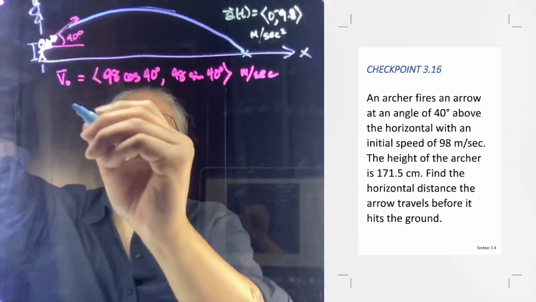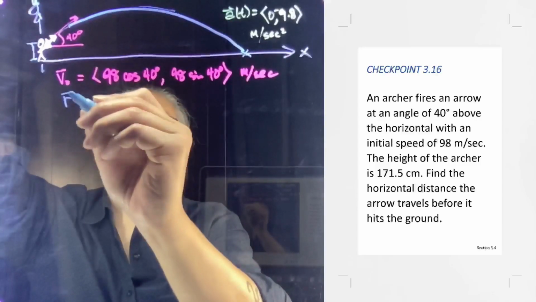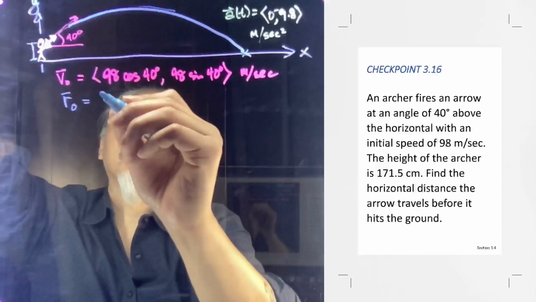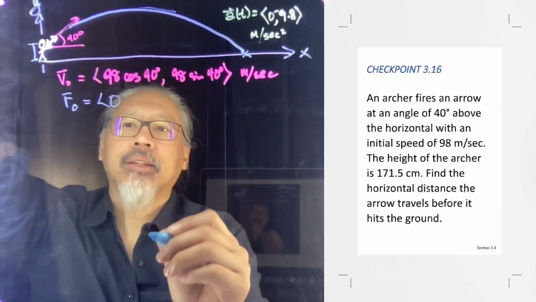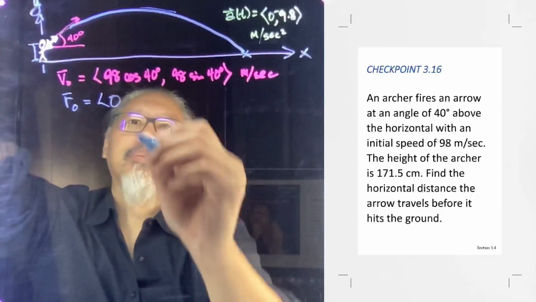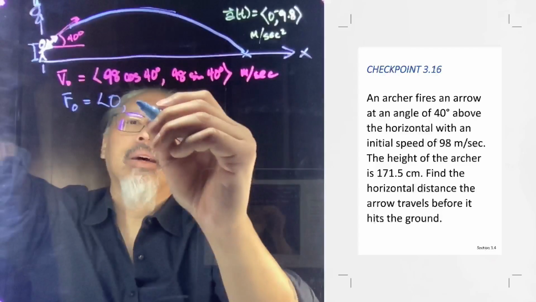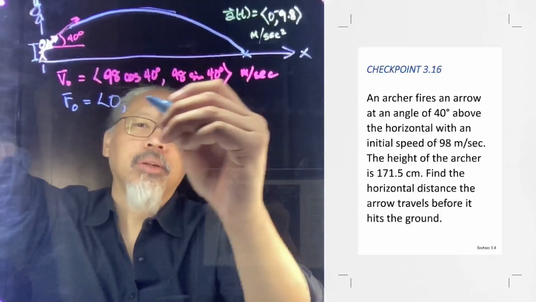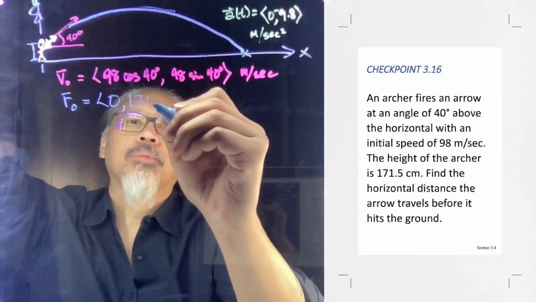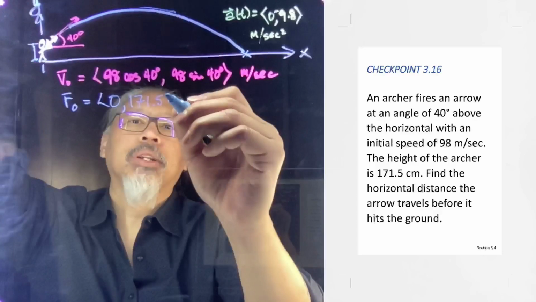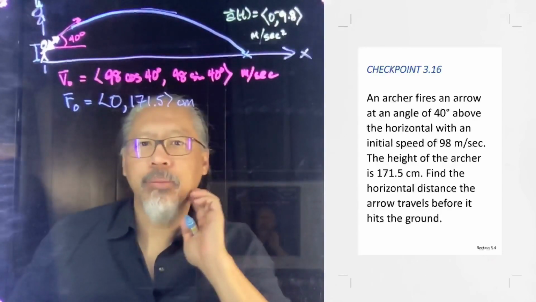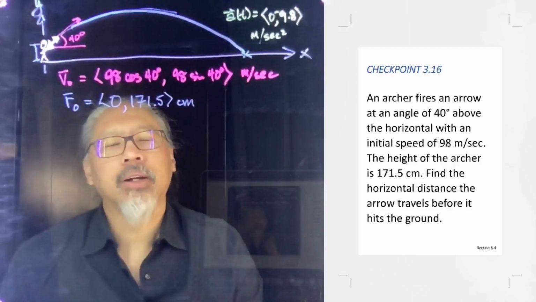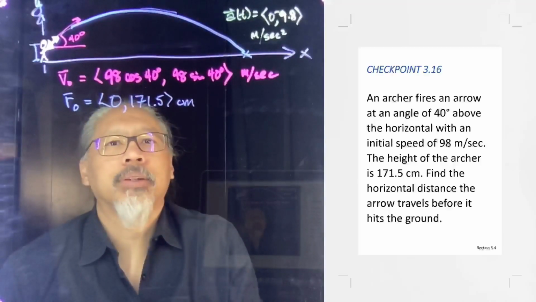We'll say our initial position is not anywhere along the x-axis, so we'll call it 0, and then we have 171.5 centimeters. This is in centimeters, and we want things in meters, so I think we multiply this by 100.